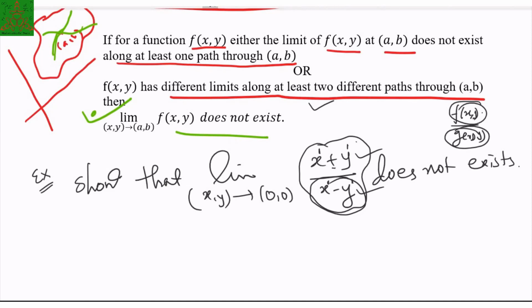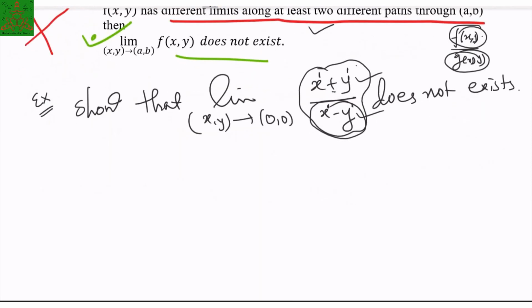Now you just see that the point AB is the origin, 0 0. There are different paths possible passing through 0 0. First one is the y equal to x line, the y equal to 0 line, the x equal to 0 line. You can take any line passing through the origin, that is y equal to mx.